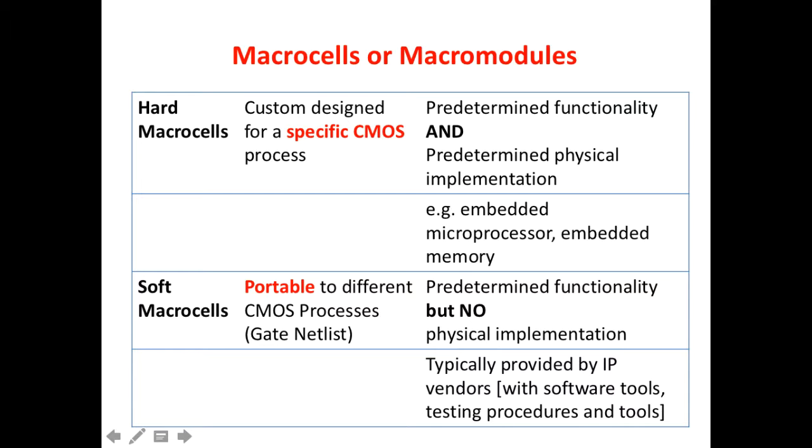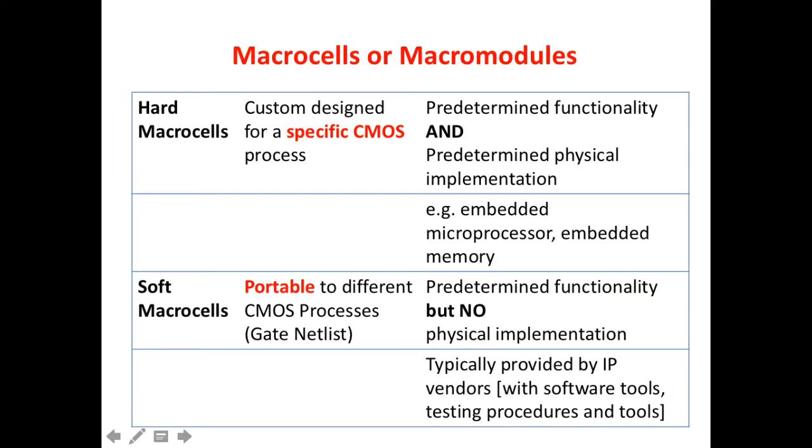But you can sell also a custom designed cell for a specific CMOS process. So you already have all the gates laid out on silicon. And in this case, we say that you're selling a hard macro cell.